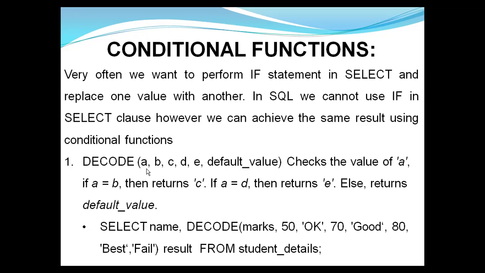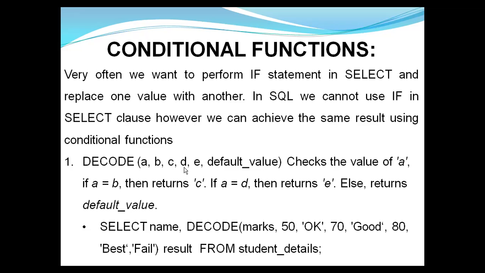For example, A is compared with B. If A equals B is true, then return C. Simply understand: A is compared with B, and if it matches, return C. If it does not match, it will compare with the next pair.